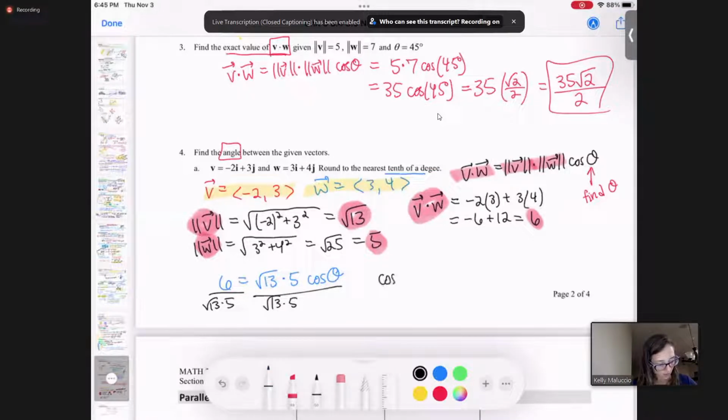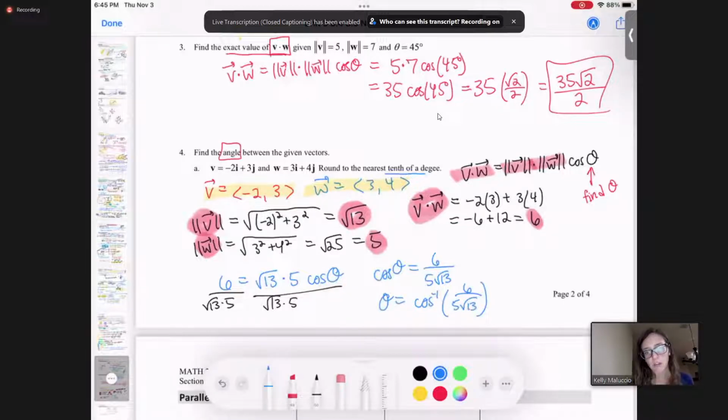So I get cosine theta is 6 over, well, I'll write 5 square root 13.